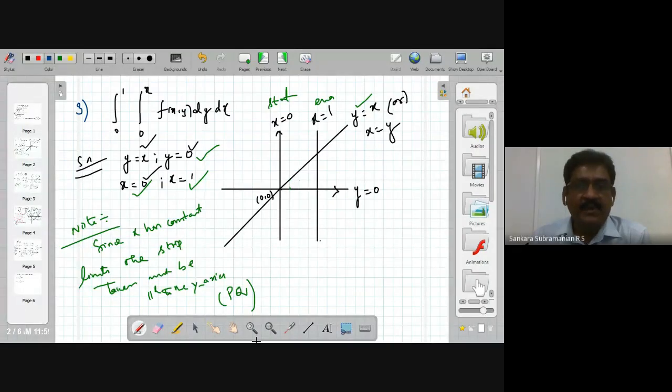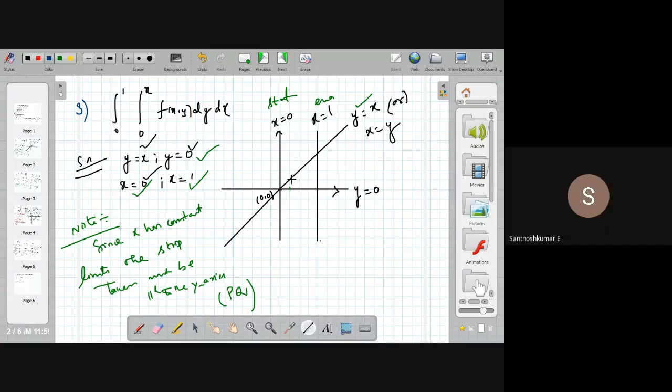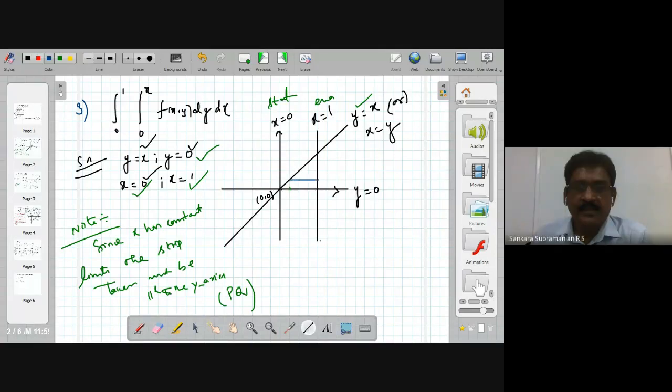I'm going to take another strip, a horizontal strip, parallel to the x-axis. The name I'm giving it is RS, or whatever it is.